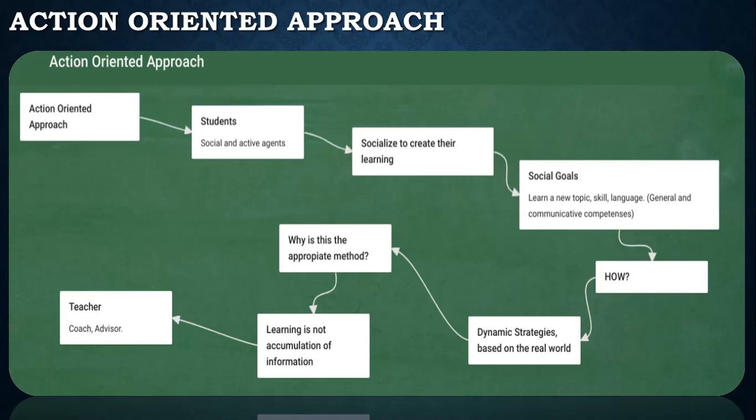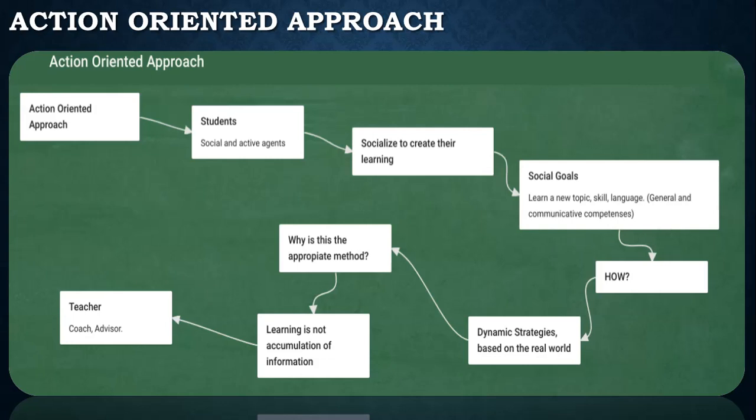And why is this the appropriate method for teaching this? Because learning is not an accumulation of information like the old-fashioned traditional ways of teacher giving a lot of information so students can memorize it. Now, that's out of date.